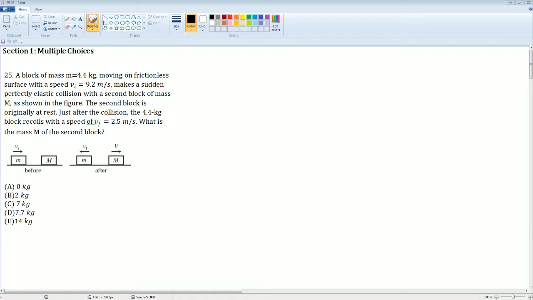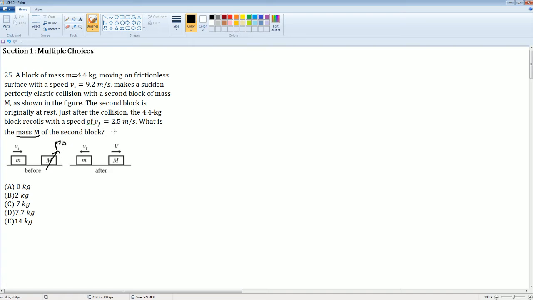Okay, here it asks us to find the mass of M. To find the mass of M, you could approach this as a conservation of momentum question. Please understand the initial momentum P here is 0.